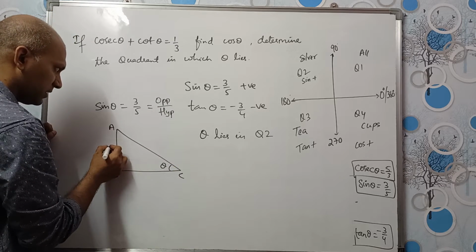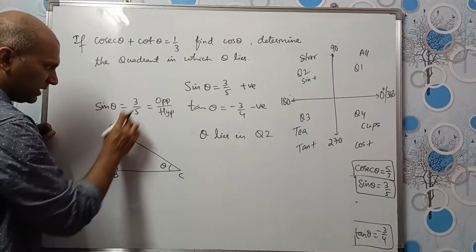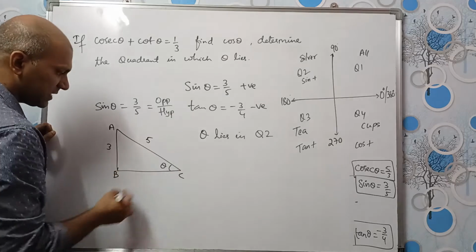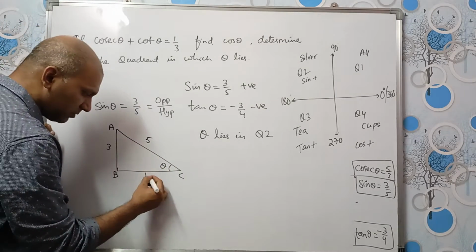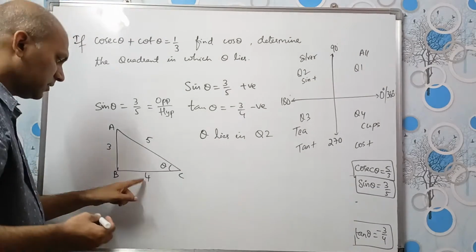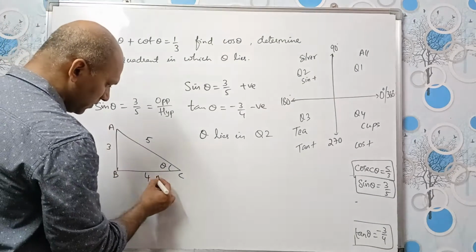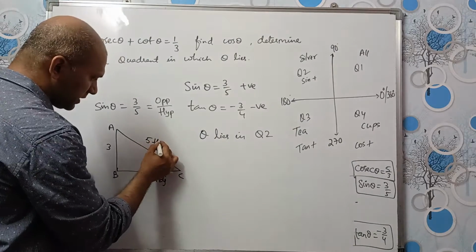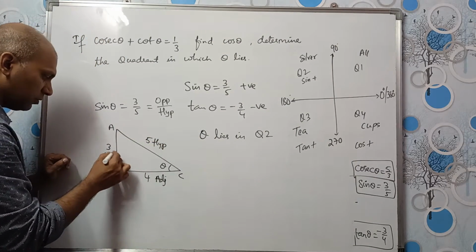So opposite side we can take as 3 and hypotenuse as 5. Using Pythagoras theorem, BC will be equal to 4. 3, 4, 5 is a famous triangle, right? So this adjacent will be equal to 4.